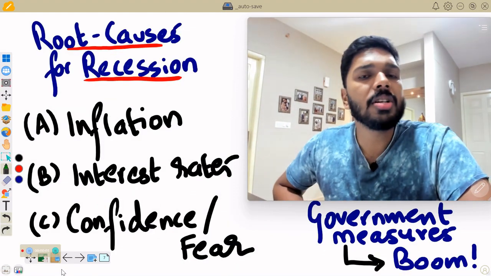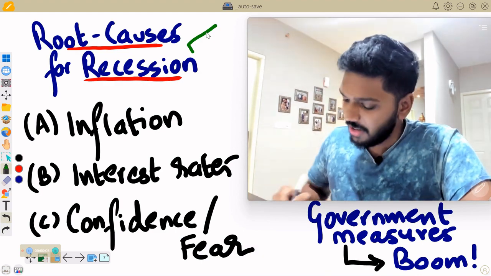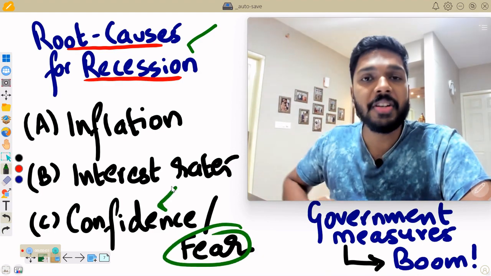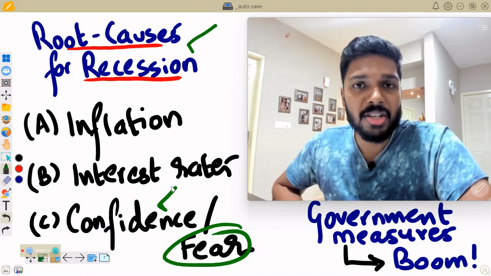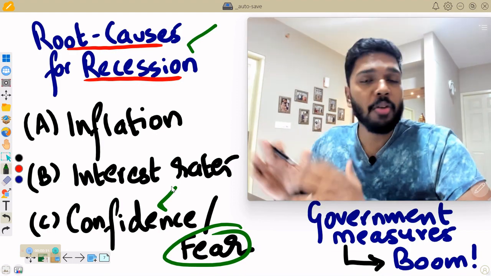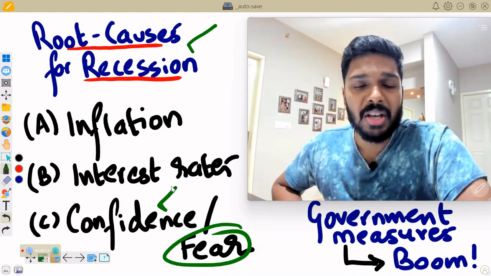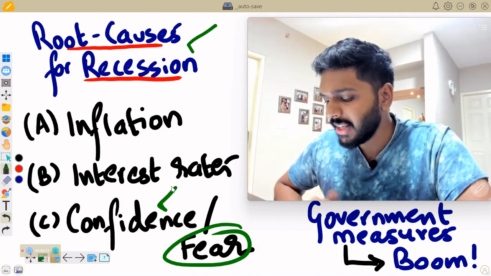Let's try and find out the root causes for recession. Well, first and foremost is definitely the fear or the confidence of the people. Because you hear about a recession in your neighboring country, you think the same thing is coming to your country as well, and therefore you withdraw from buying a lot of goods and services, which in fact could be a root cause for recession as well.